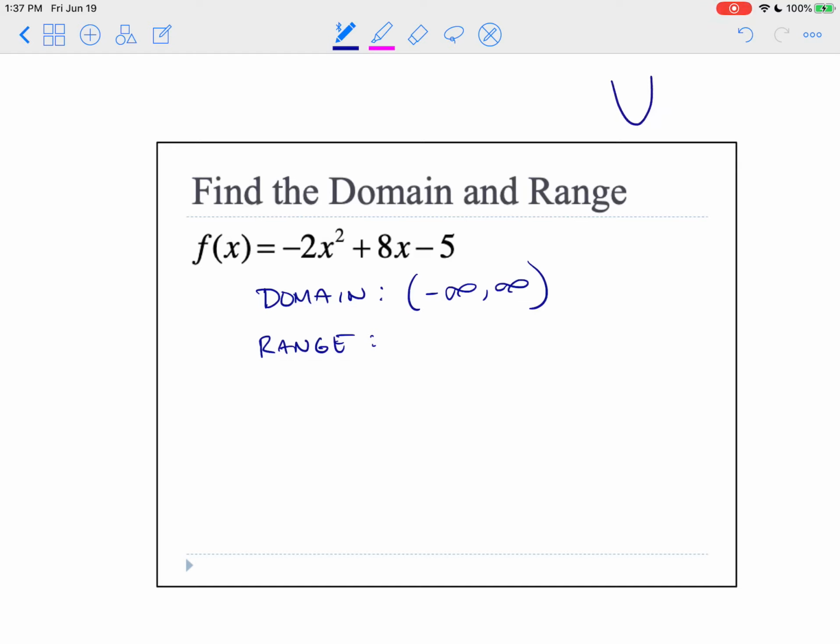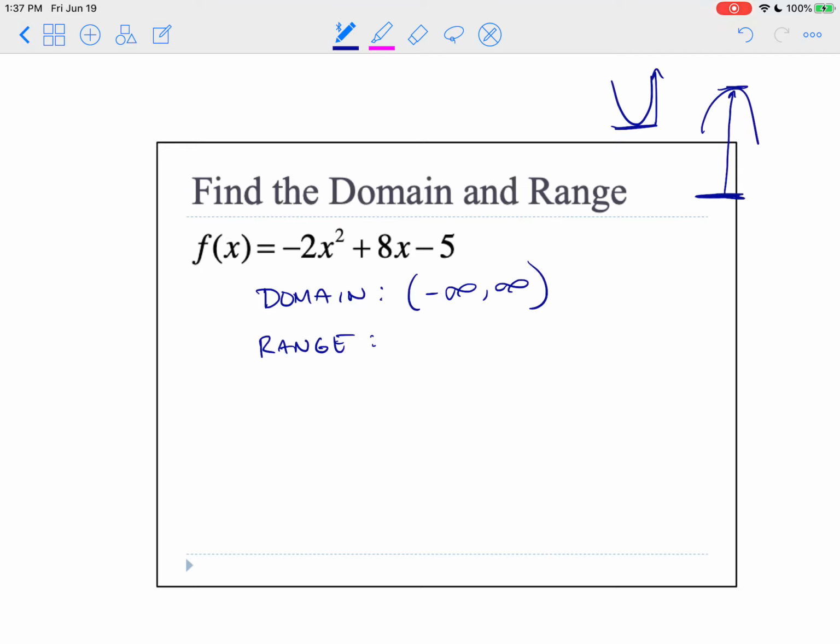If I'm opening up, my range is going to start at the vertex and go up from there. If I'm opening down, my range is going to start at -infinity and go all the way up to the vertex, the y-coordinate of the vertex in both cases here.